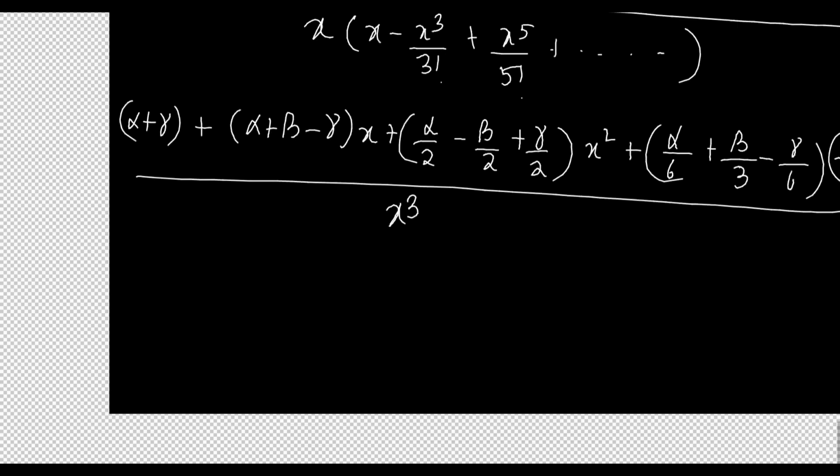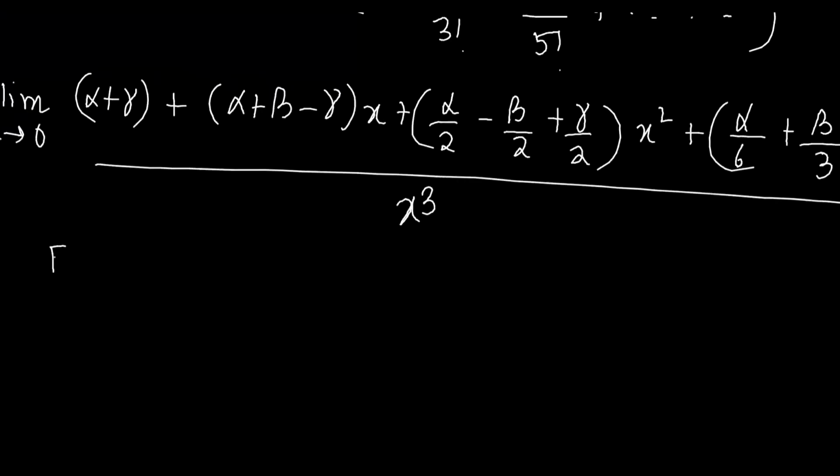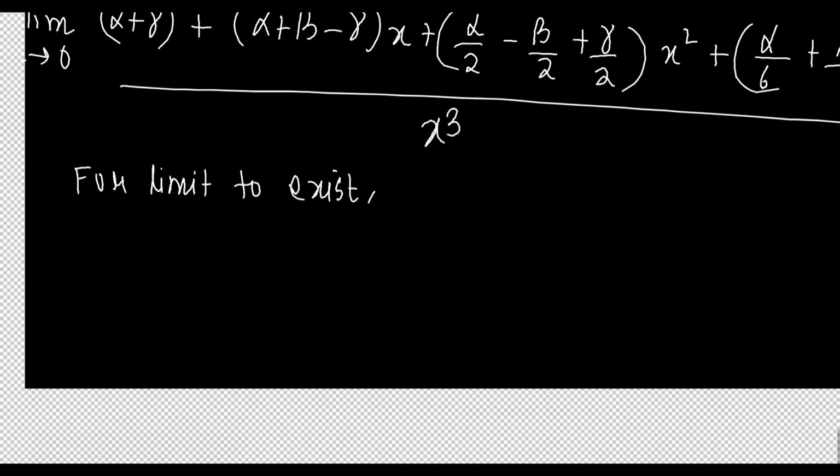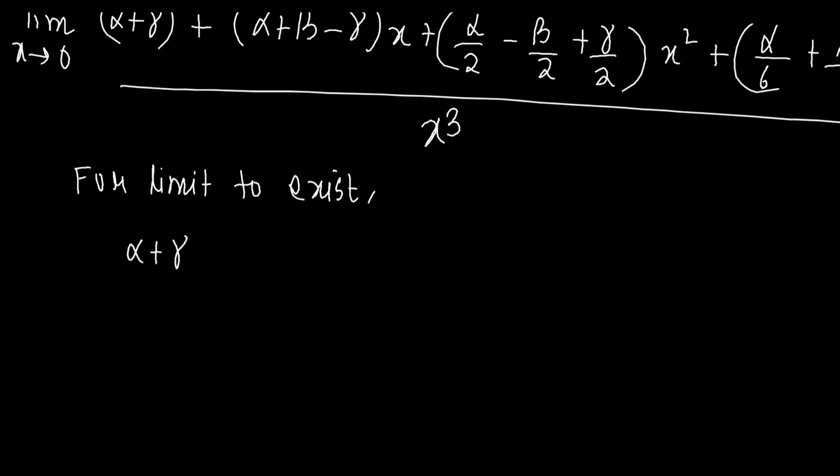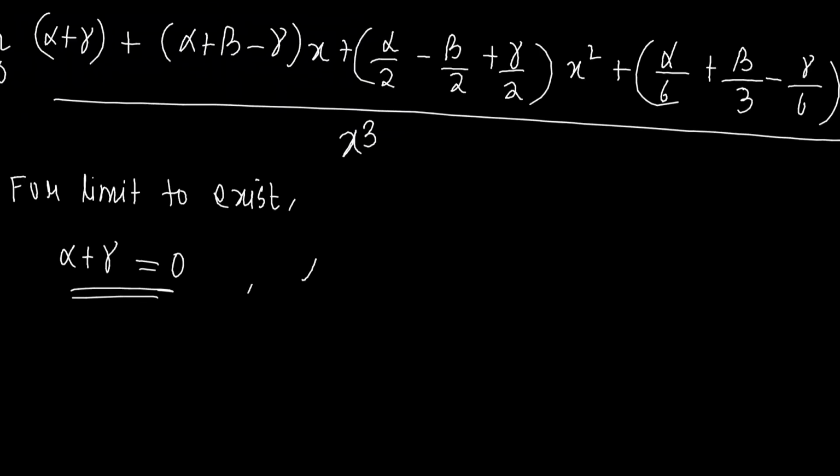Okay, so we can write for the limit to exist, alpha plus gamma is equal to 0. Okay, and also alpha plus beta minus gamma is equal to 0. So from this we can write alpha minus gamma is equal to minus beta.